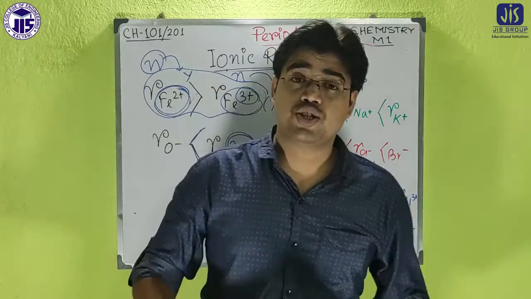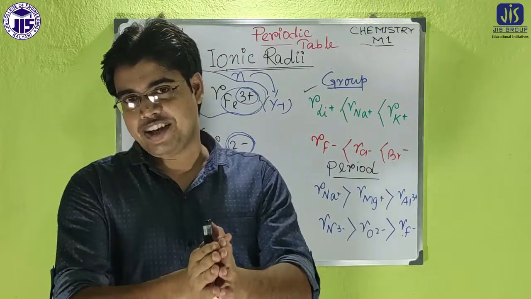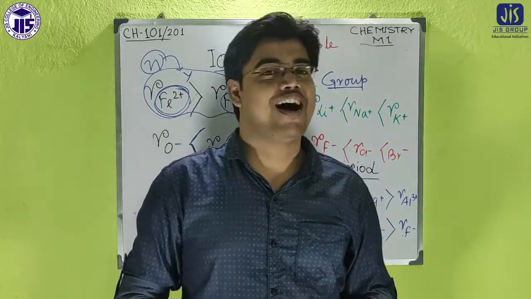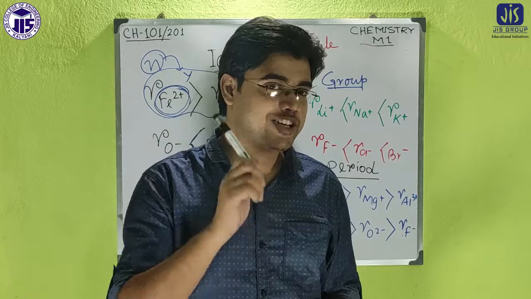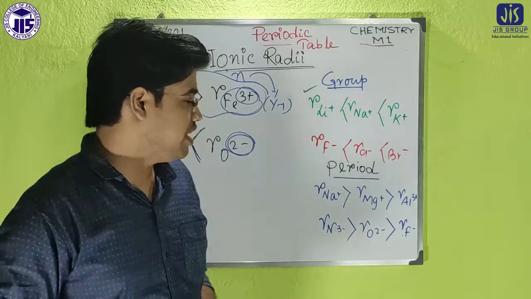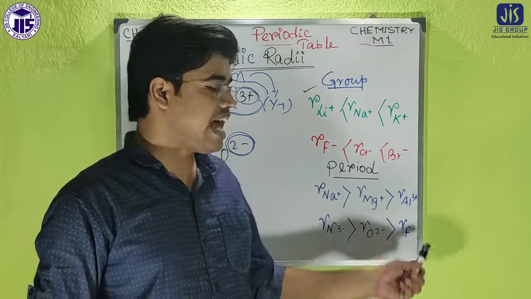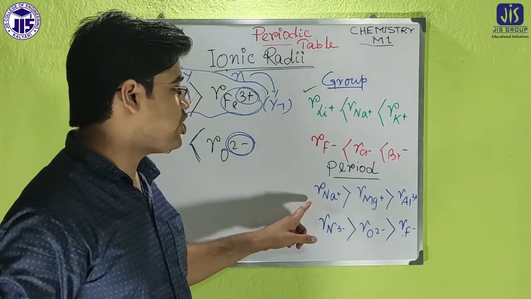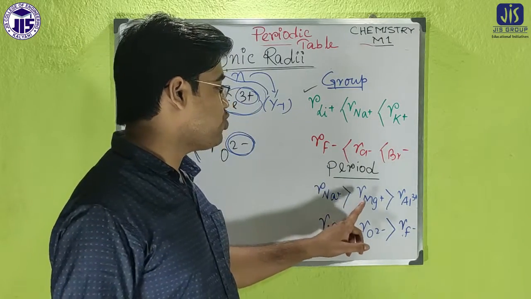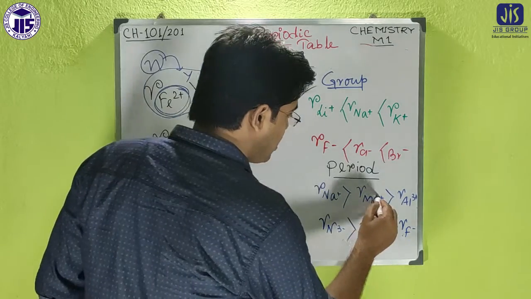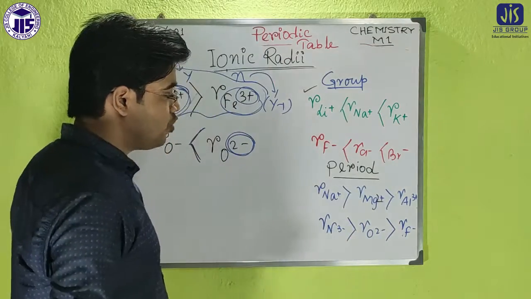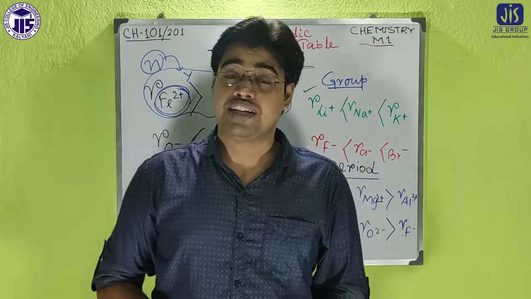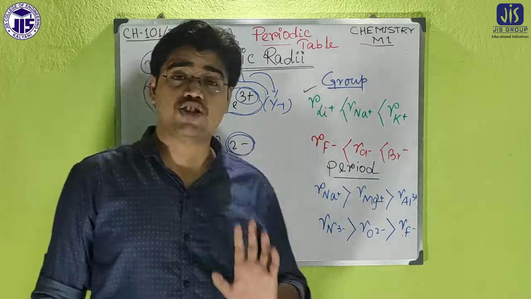That means sodium, magnesium and aluminium across the period: Na+, Mg2+ and Al3+. In these three cases, the number of electrons is the same.